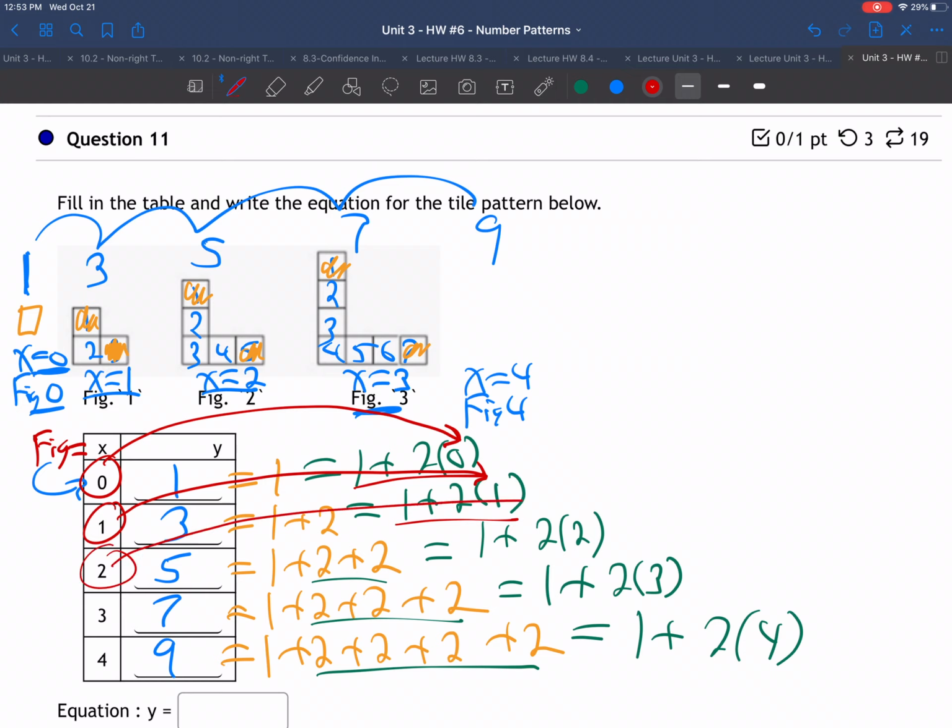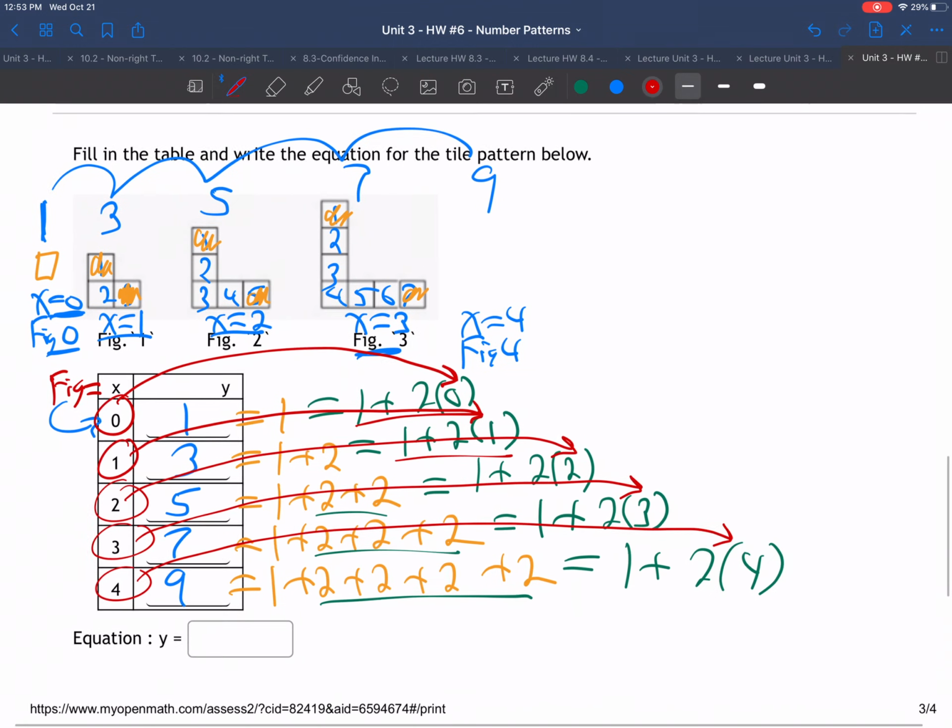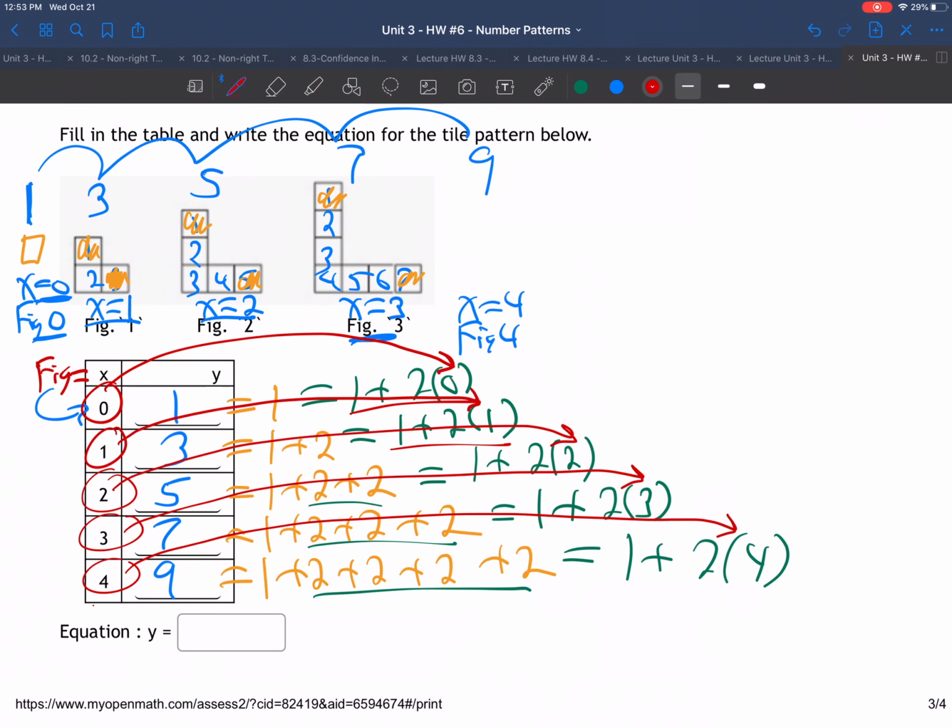See, the number on the x is the number in the parenthesis. Do you see that? So in general, to finish this table and finish this work, what if this is x here? That's what we're looking for. What if this is x? Then this is going to be 1 plus 2 times x, right? Whatever the number is here, that ends up right here. It's that many 2's, in other words, right?